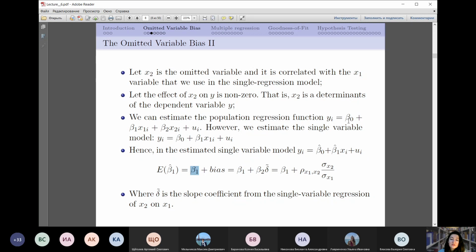Or in other words, when x2 has no effect on your dependent variable. Okay? And the second case, you can find all the clues on this slide.